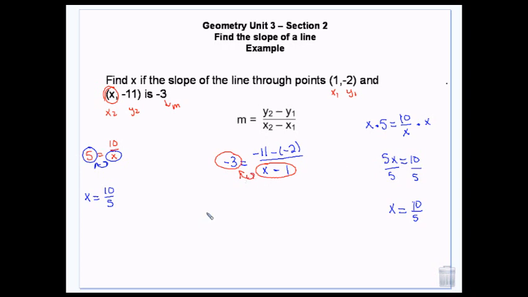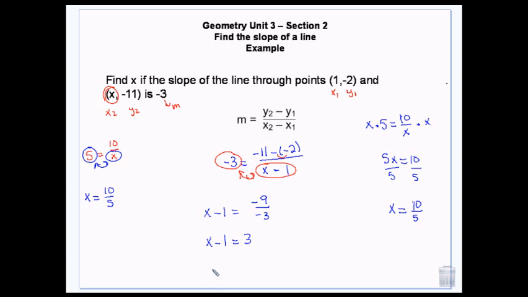So I get x minus 1 is equal to, okay, negative 11 plus 2 is negative 9 over negative 3. So x minus 1 is equal to positive 3. So far, okay?